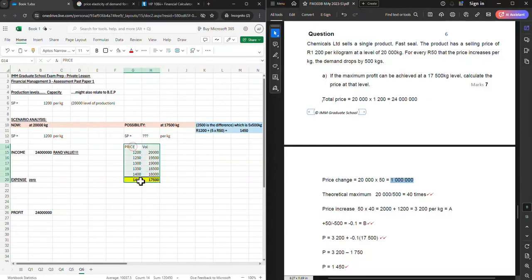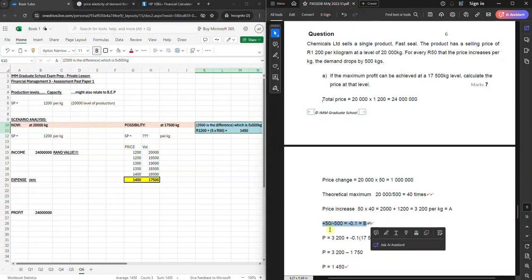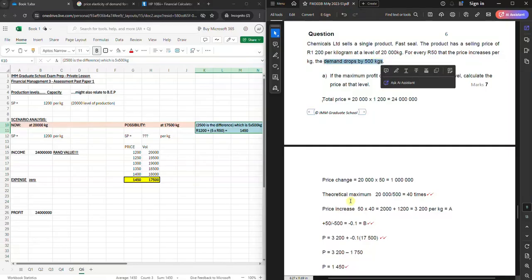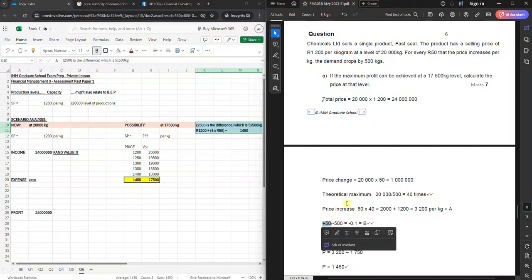Okay, you did it this way, same answer. I did it this way, same answer. Yeah, you've got 3 options here. Once they got to 24 million and a million, what do they do? Then they use a fraction. Remember it's 50, which is the price, and then the 500 is the change in the actual demand. So here it's that whole change in price.